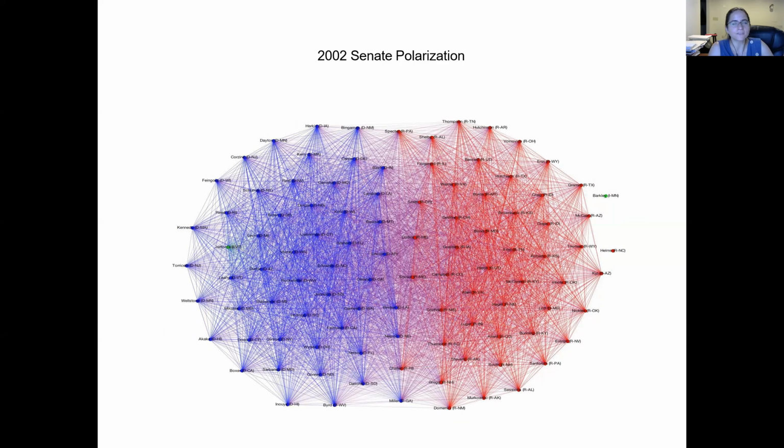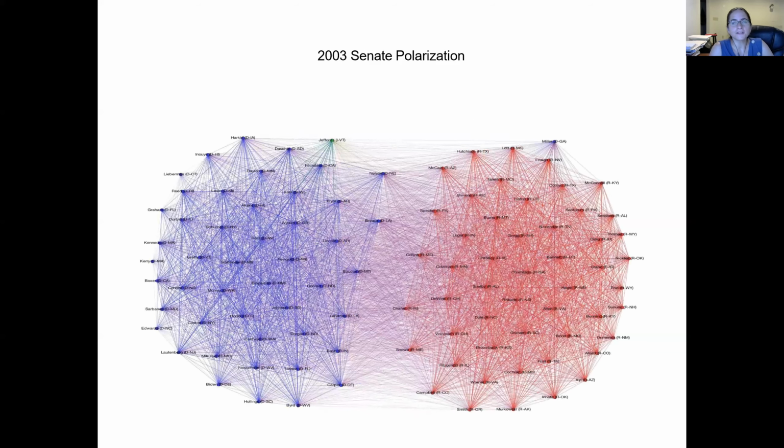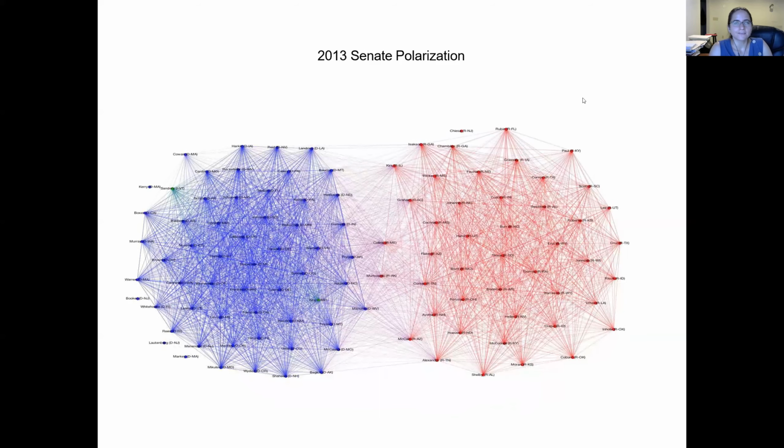But this is also the year after, immediately after 9/11, 2001, which was an unusually unified time period of the United States in the past 30 years. 2003, things break apart again, and the unification that we saw from 2002 starts to disappear. 2013, which is fairly close to modern days, and you see basically very little overlap between Republicans and Democrats in terms of how often they vote together.